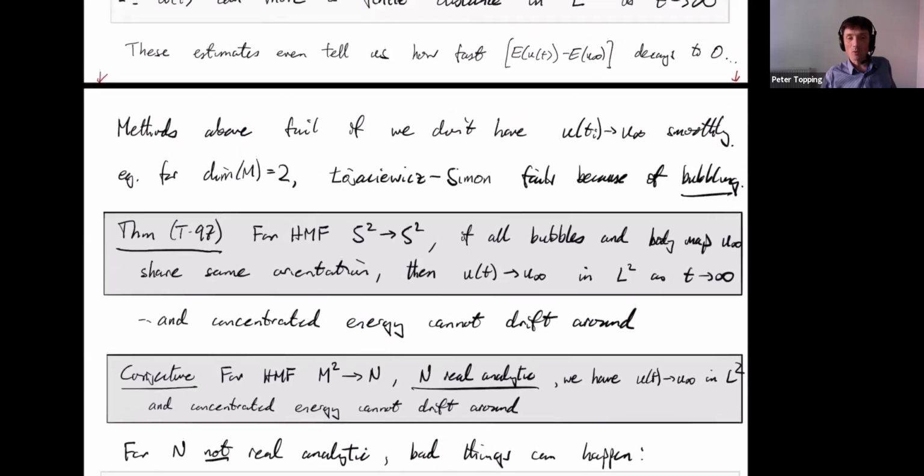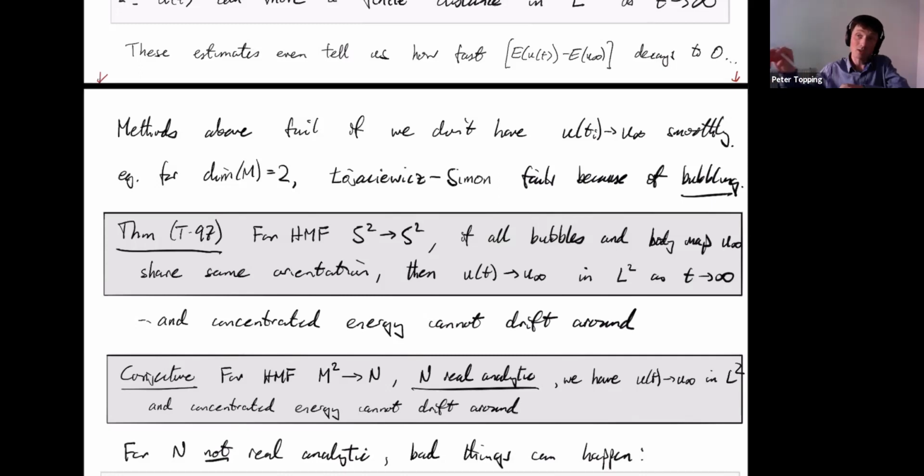So actually one question that you can ask immediately is, let's say you do a bubbling analysis, for those of you who know what bubbling is, at infinite times. So you'll take a sequence of times t_i going to infinity, and you'll have certain points where energy is concentrating, maybe at a different sequence of times the energy is concentrated at a different set of points, sort of what I was talking about before.